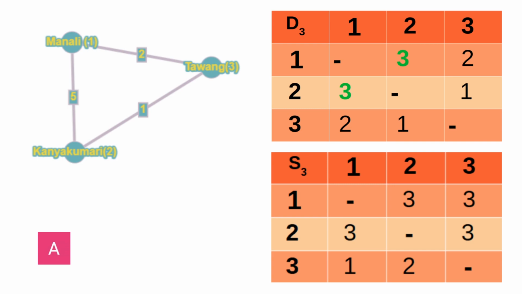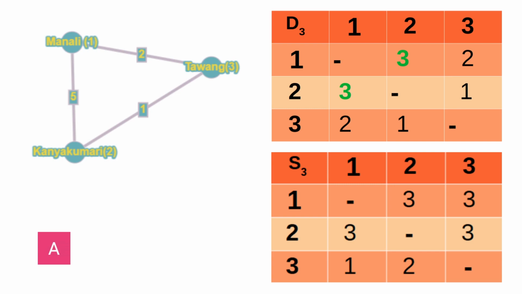So this D3 matrix gives us the distance between the corresponding vertices, and this distance is the shortest distance. So the shortest distance from 1 to 2 is 3, from 1 to 3 is 2, from 2 to 3 is 1. So this information has been obtained from this D3 matrix.